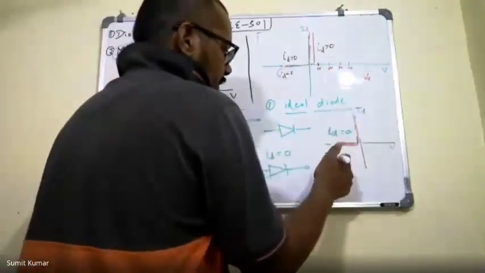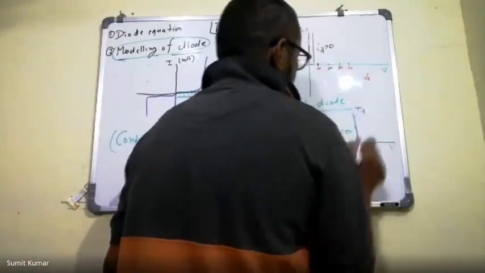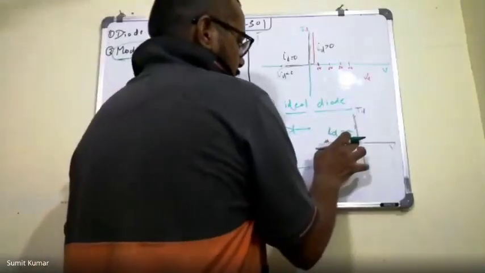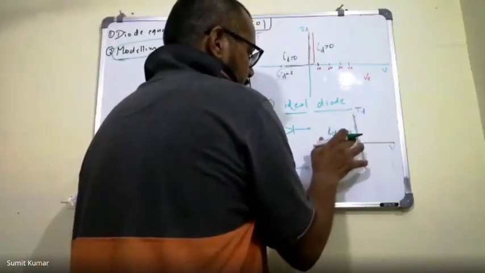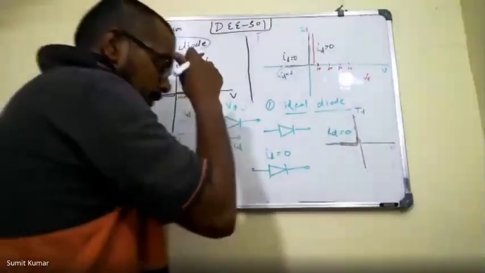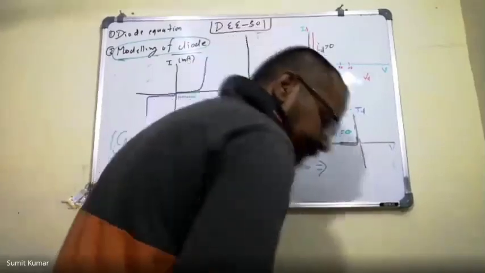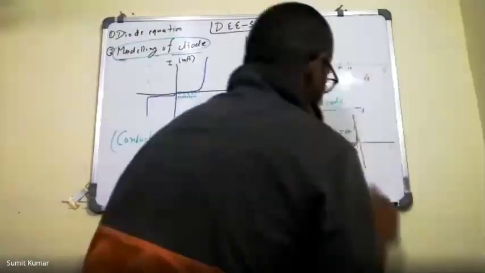The characteristics now are this only, which is coinciding with the x-axis and y-axis. Now I am doing the modeling for ID equal to 0. If ID equal to 0, then definitely I can represent my diode as an open circuit.